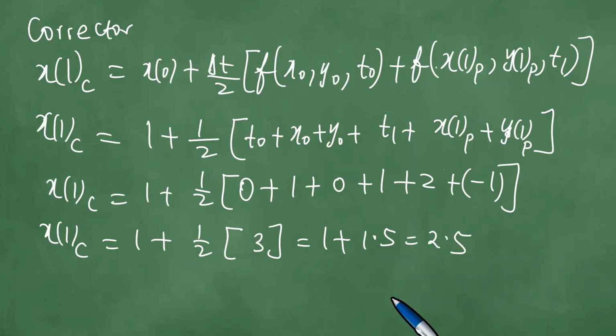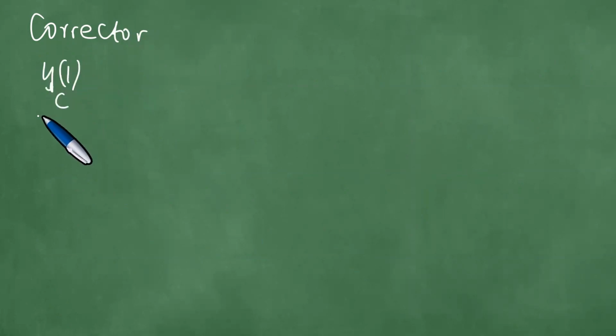Right, so the next thing we're going to do now is the y corrector. So we continue with the corrector, but we're going to do the y part. So y1. So we do the corrector at one step ahead of h. So what is then the answer to this?